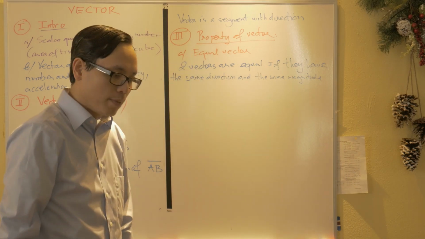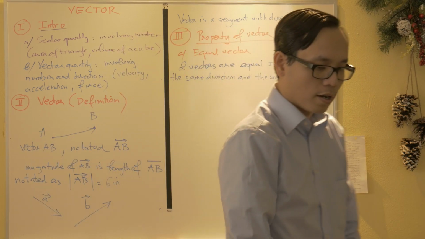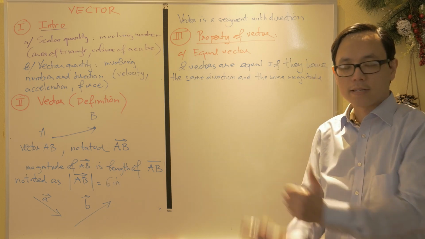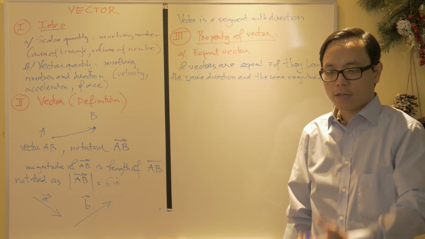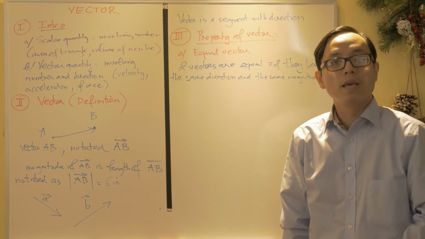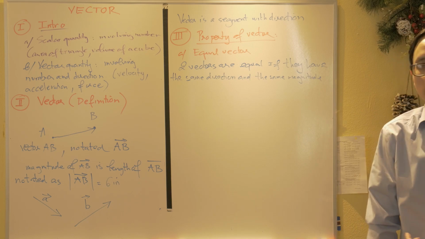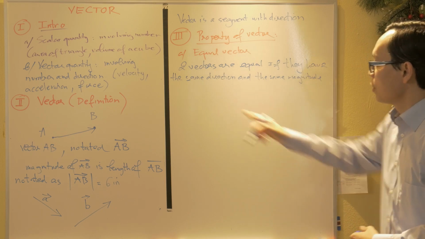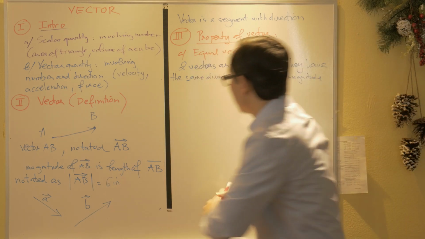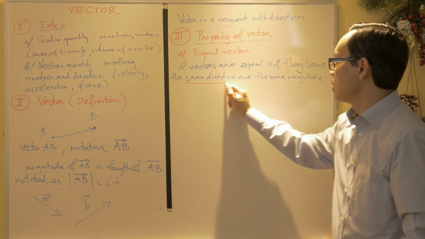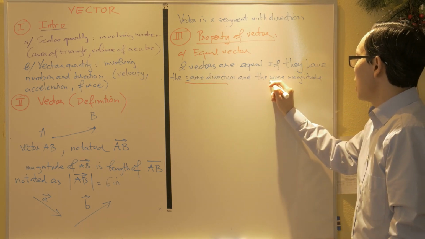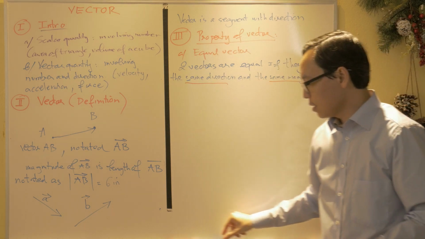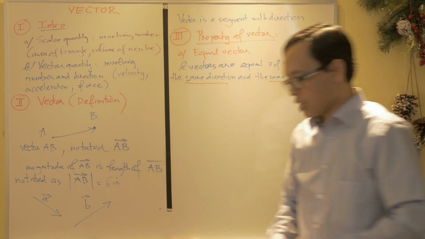So that's the difference from equal segments. When we talk about equal segments, we're just talking about the length of that segment. But when we talk about equal vectors, we also talk about direction. It must be the same direction in order for two vectors to be equal, not just the length, not just the magnitude. So we must satisfy two conditions. First of all, the same direction. Secondly, the same magnitude. Then we say that two vectors are equal to each other.